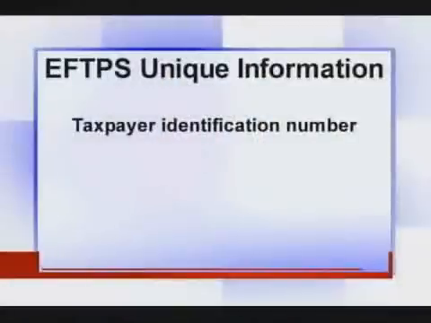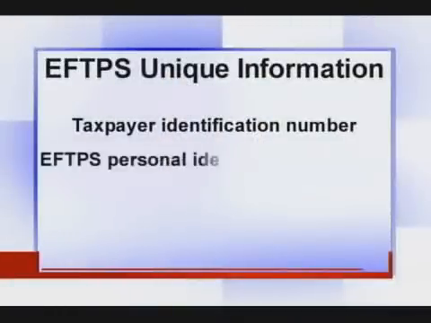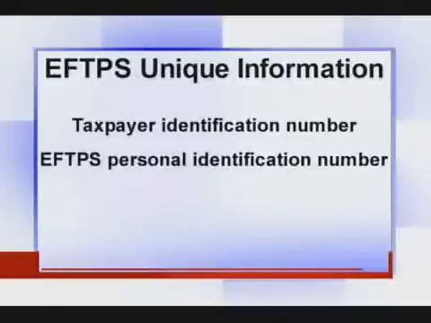EFTPS via the internet is a secure government website that allows users to make federal tax payments. Every user must have a secure internet browser in order to access the site. To log on to the system, an enrolled user must be authenticated with 3 pieces of unique information: taxpayer identification number, EIN or SSN, EFTPS personal identification number or PIN, and an internet password.